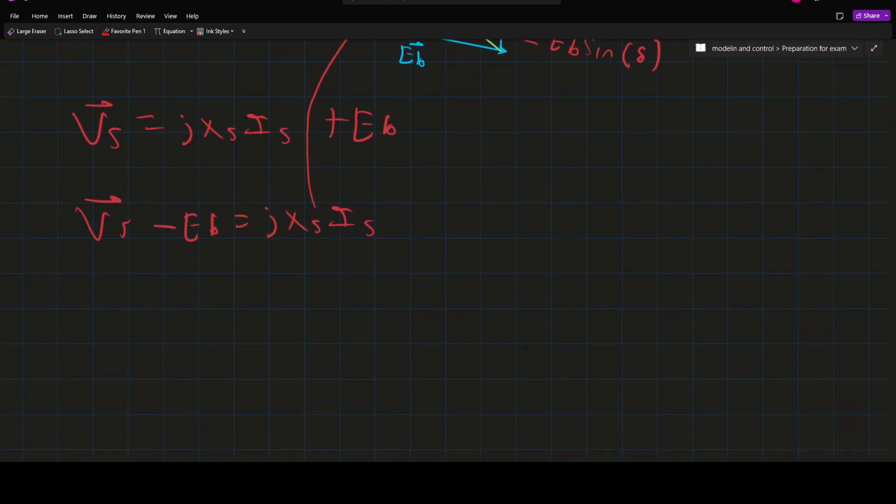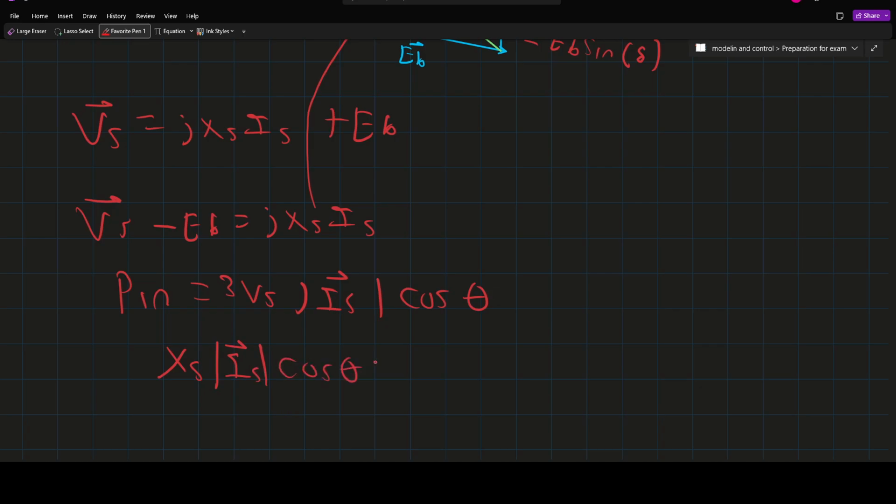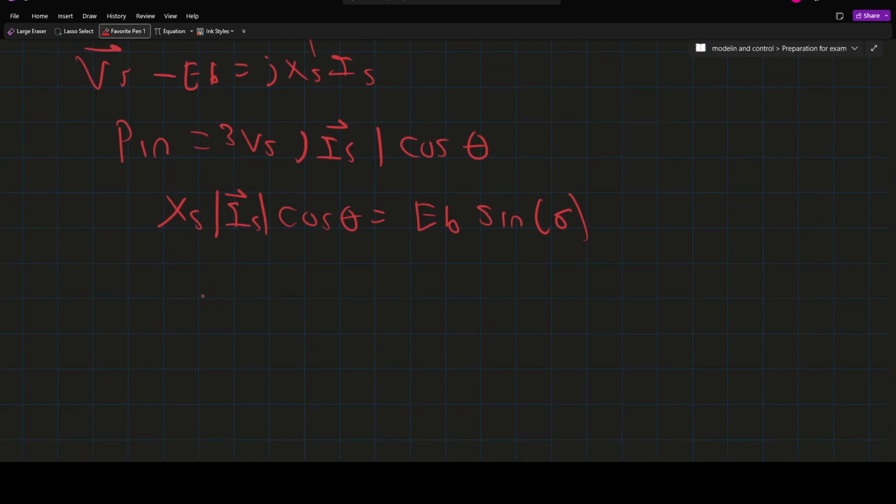So now we know that our power in is equal to 3 Vs Is cos of theta. And we know that Xs times the magnitude of Is cos of theta is equal to Ef sine of psi. Then we can say that the magnitude of Is cos of theta is equal to Ef sine of psi over Xs.